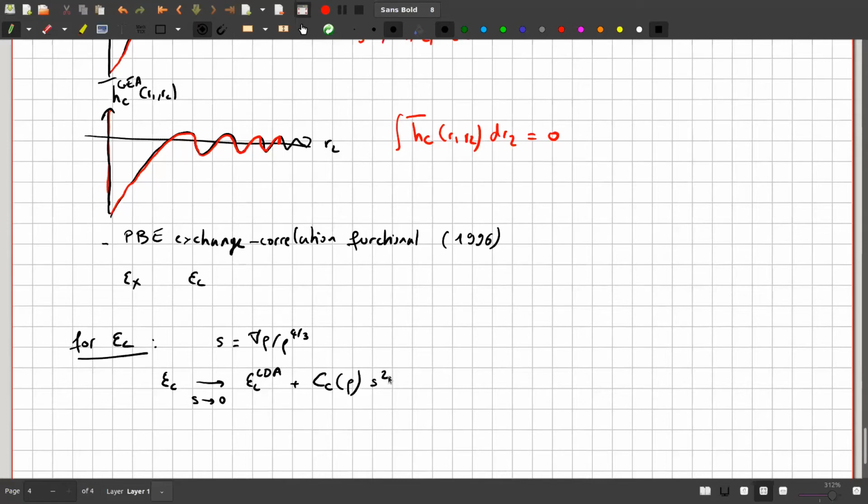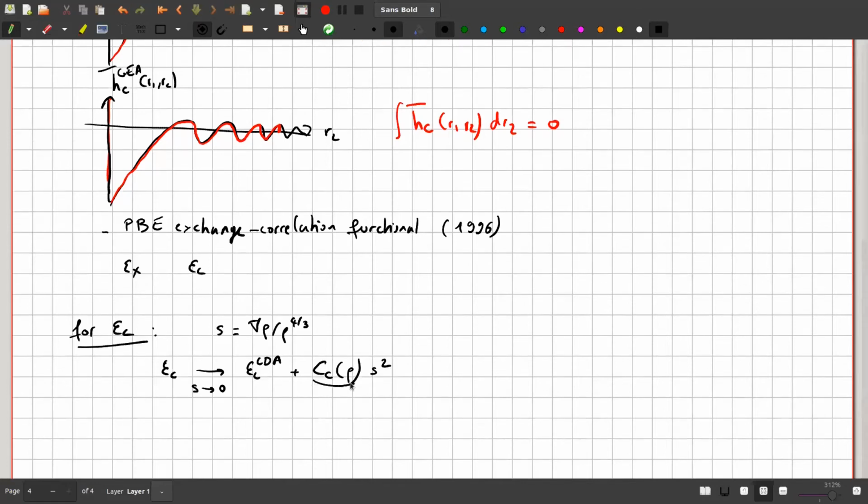Okay, except that we don't know exactly these coefficients, but we know them in the high density limit. So they took that as the high density limit, that is when the density goes to infinity.